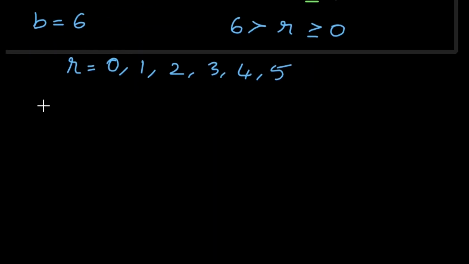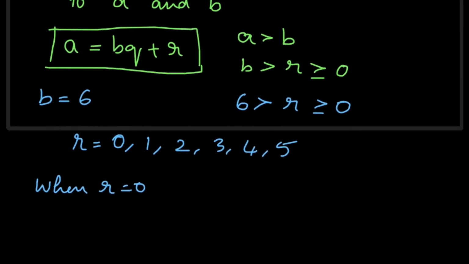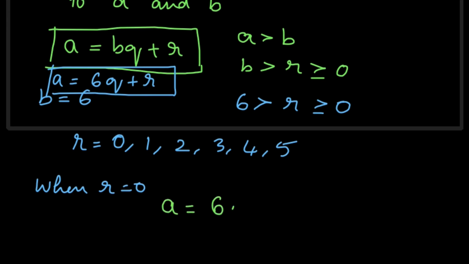Proving it, when r equals 0, this form will be, b क्या है 6 है, that is a equals 6q plus r. When r is 0, हमारा ये फॉर्म क्या होगा? a equals 6q plus 0.